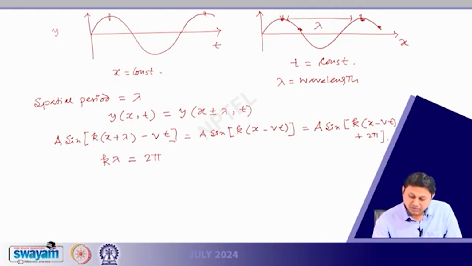You can also have 2 pi multiplied by some integer, but let us take the smallest increment, so that I am going to get the same, consecutive points. From here one can find the expression for k. k is 2 pi divided by the spatial period lambda, and that is an important expression for optics as well.